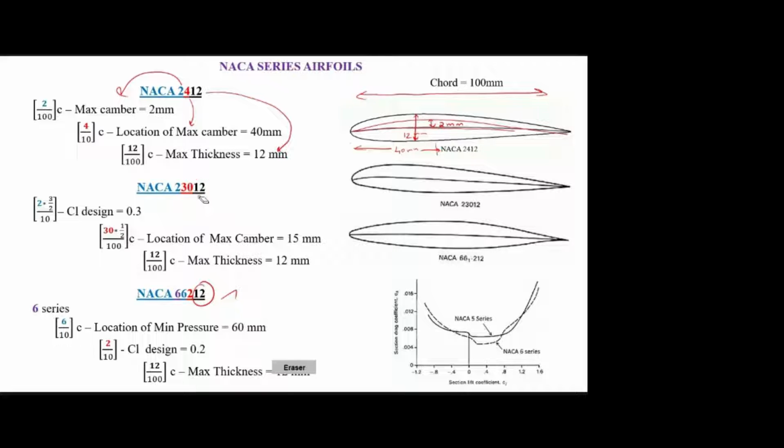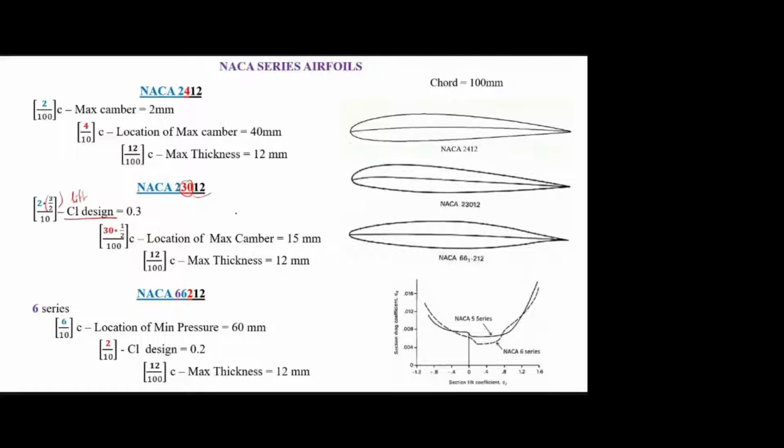Then if you take the NACA 5 series, the first digit shows the CL design, that is the first term 2 into 3 by 2 divided by 10 shows the CL design. I will explain what this is. Then the second two digits multiplied by 1 by 2 divided by 100 into C give the location of maximum camber. Then again the last two digits are the maximum thickness.